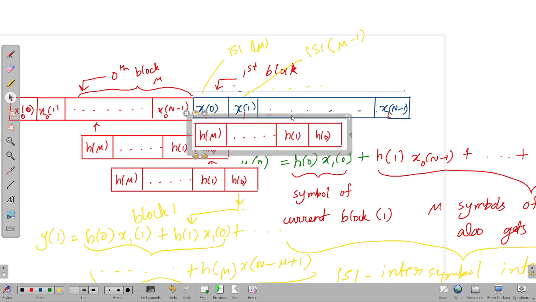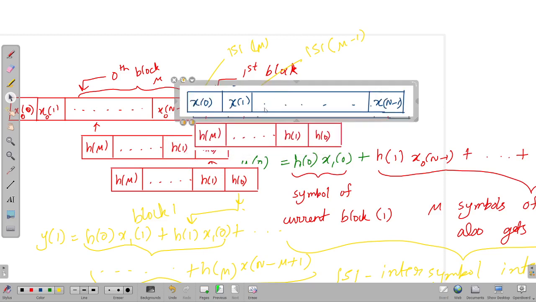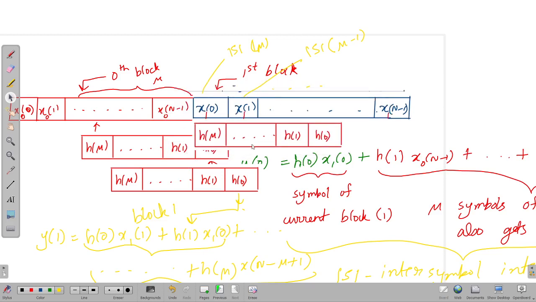Okay, from this point, the very next point, you will not have any inter-symbol interference from the previous block.